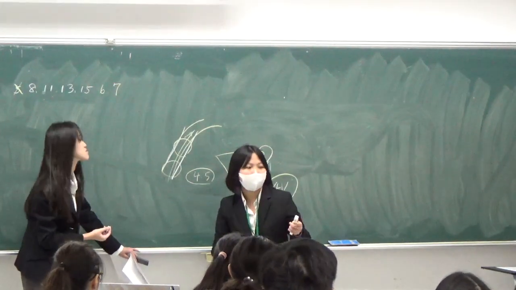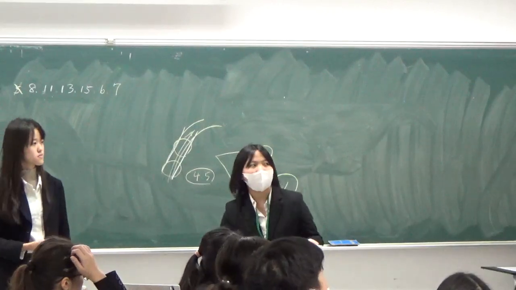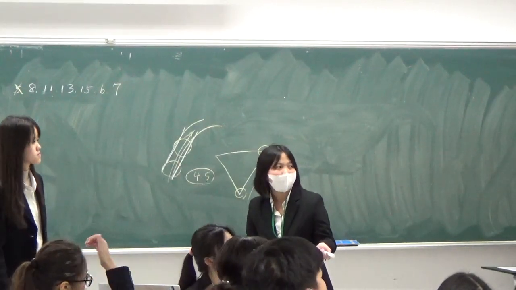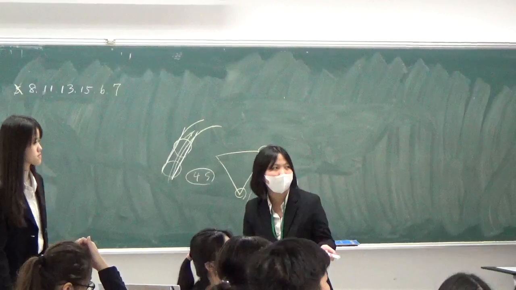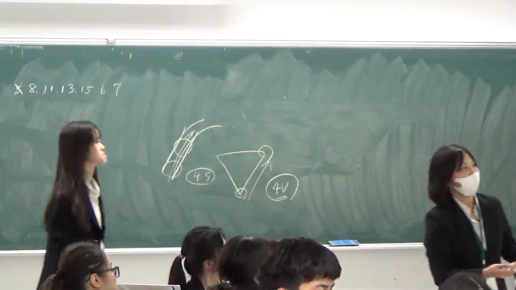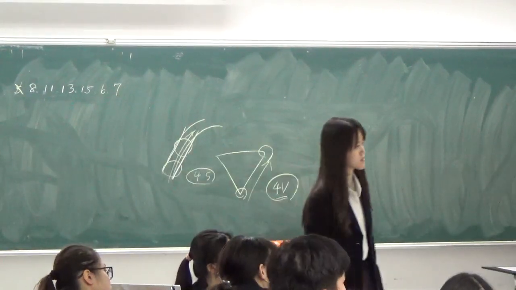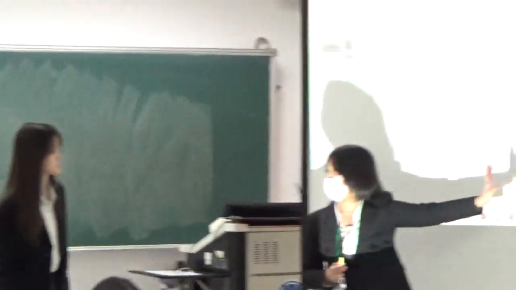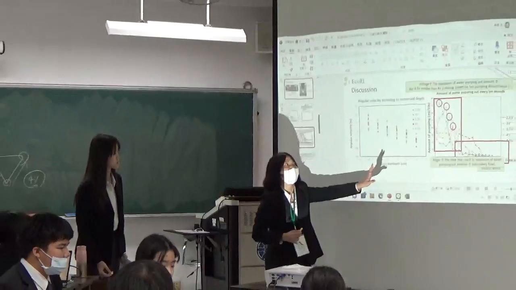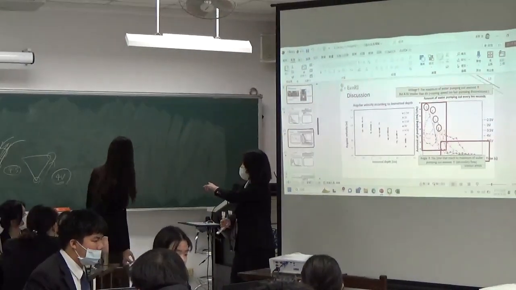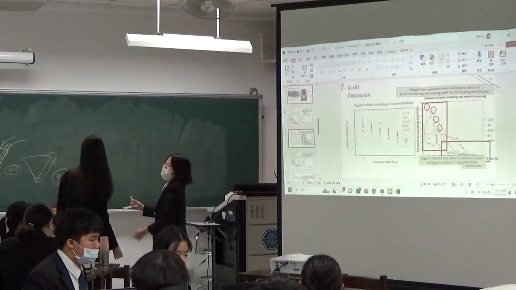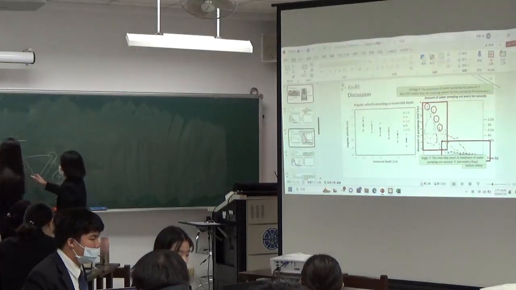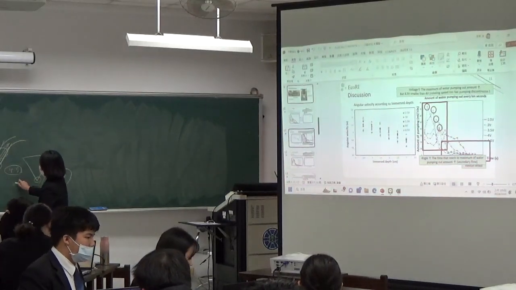In our data, we can see that when we use 4.5 volts, the pumping speed is lower than at 4 volts. And I think that is because of the non-continuous pumping situation. So I think the limit is bigger than 4 volts.